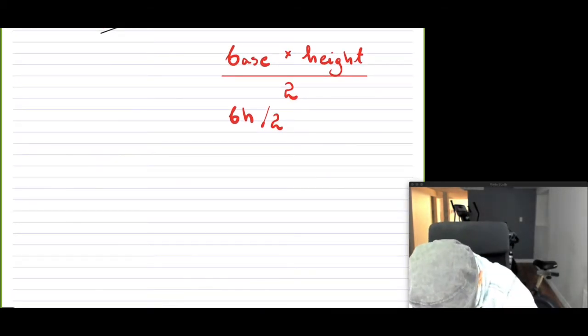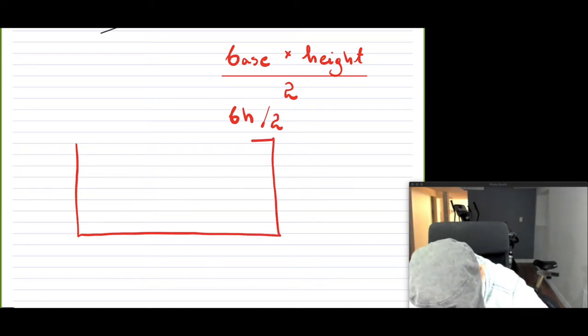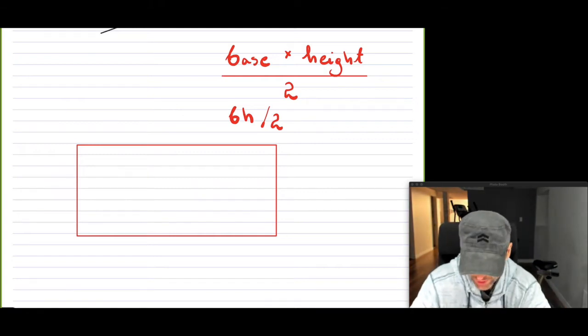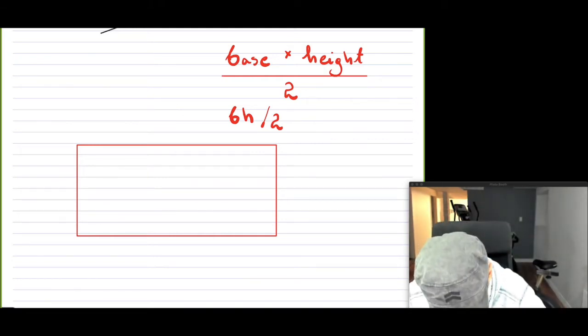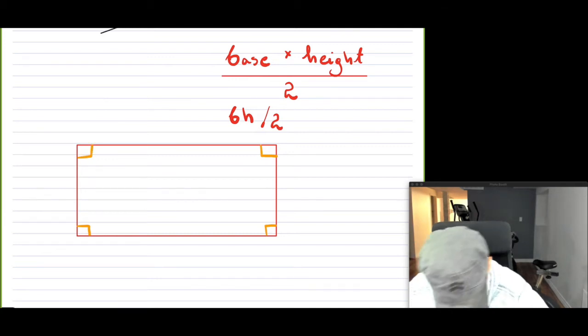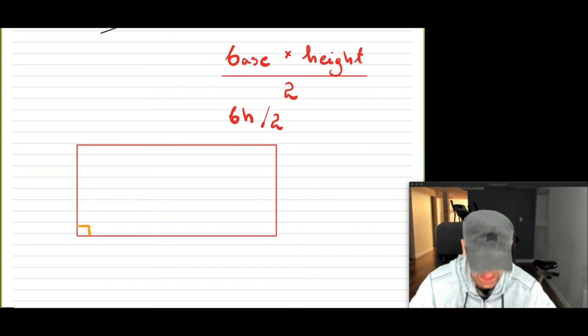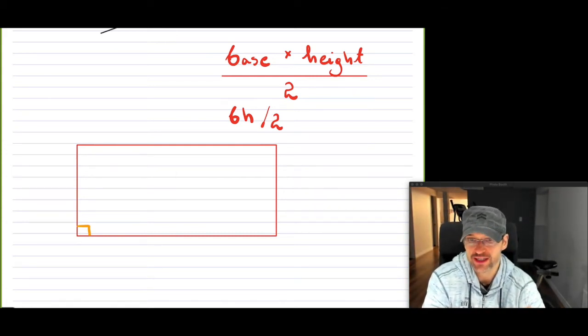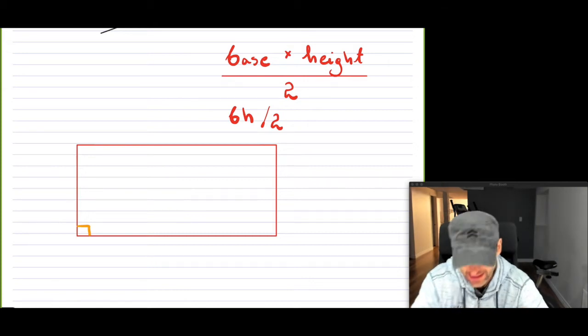So imagine that we have a rectangle. I'm going to draw a rectangle here, or a square, whatever it may be. But the point is that our angles are 90 degrees. All our angles here are 90 degrees. When the angles are 90 degrees like they are in rectangles and squares, then it's easy to find the area.